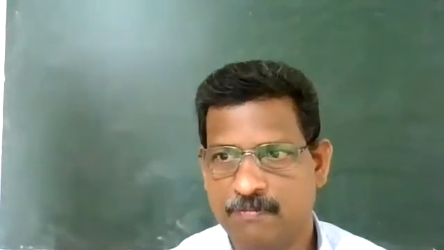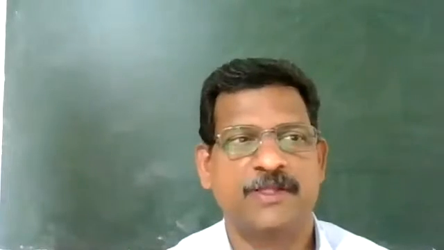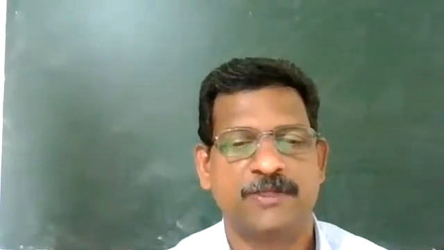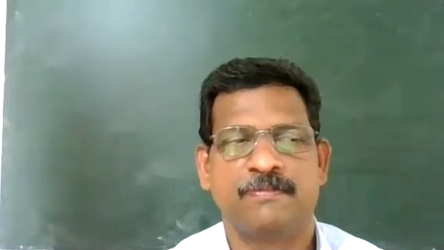Can you tell me? N1 by minus U plus N2 by V gives N2 minus N1 by R. Rarer to denser. Mohammad Aris, can you tell me what is the equation for rarer to denser? N1 upon minus U plus N2 upon V is equal to N2 minus N1 by R.